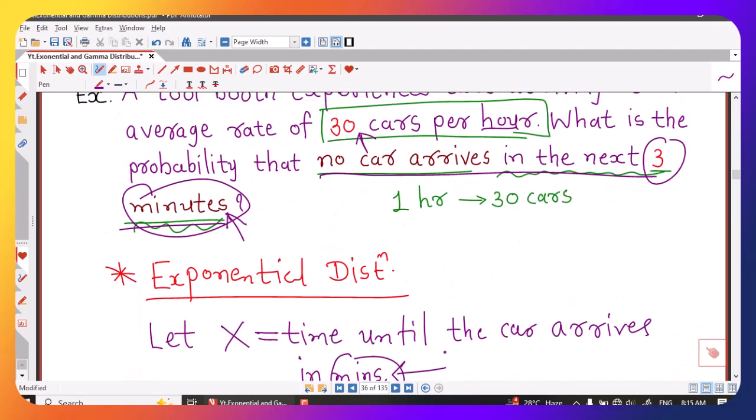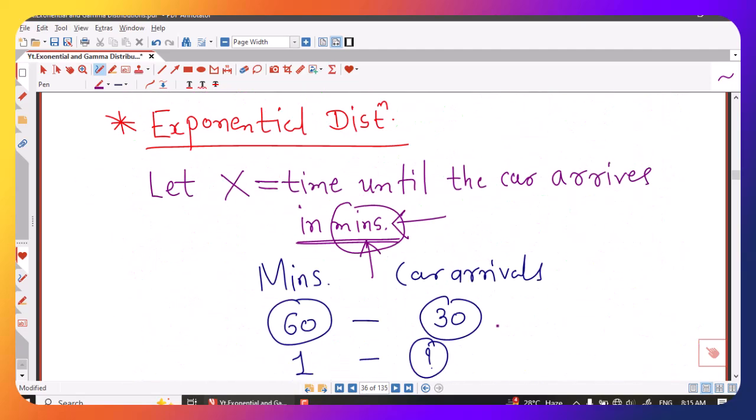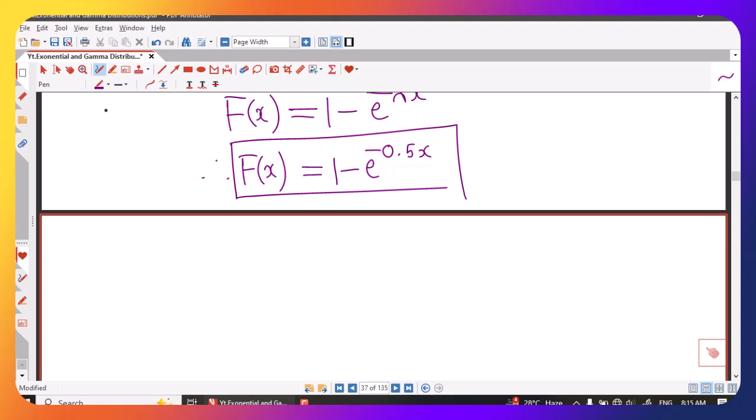Now once we have the CDF we can calculate this probability. So now the required probability is that no car arrives in the next 3 minutes.